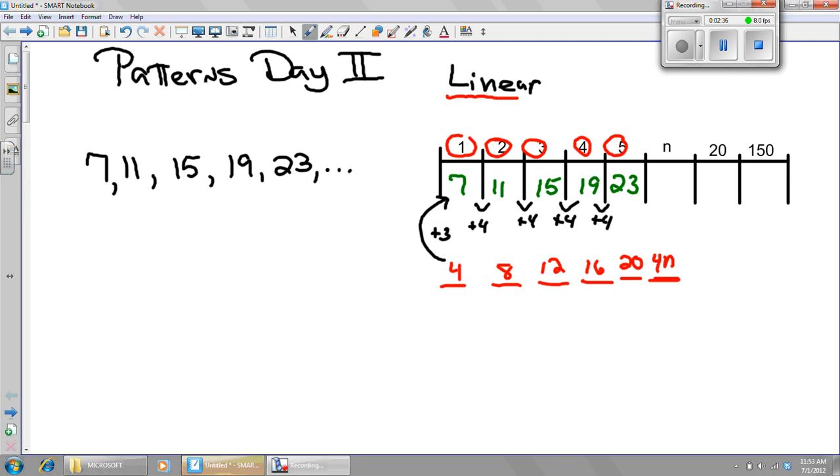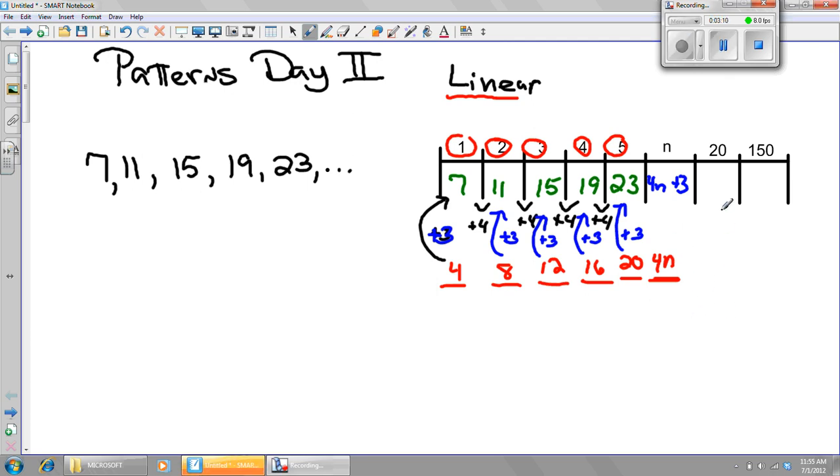Well, I add 3. 8 to 11, sure enough, add 3. 12 to 15, add 3. It looks like I add 3 every single time. That means my answer must be 4n plus 3.